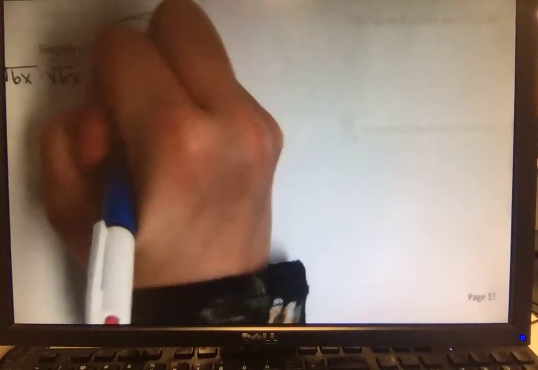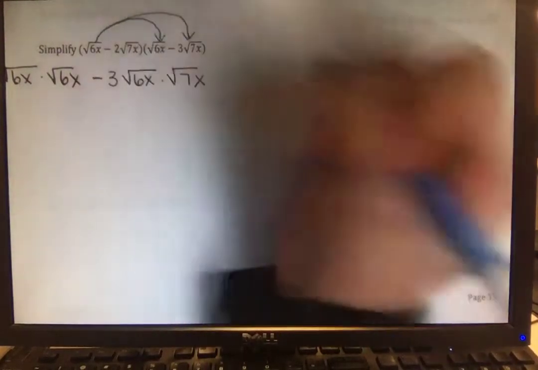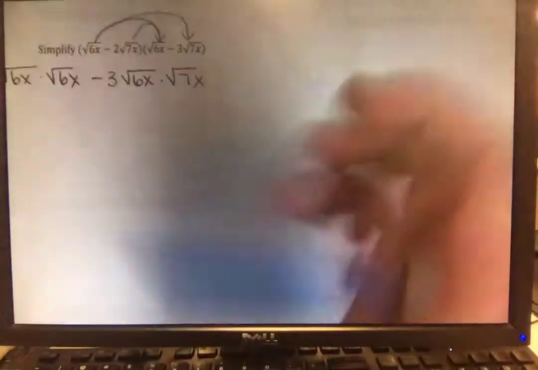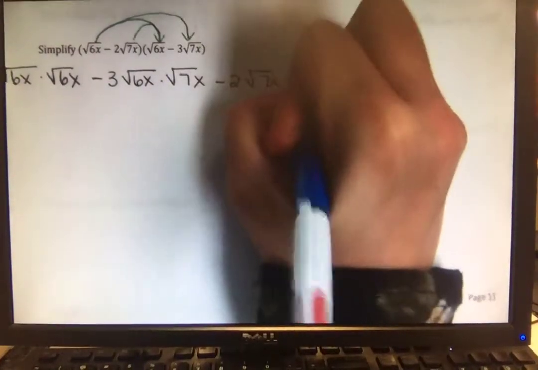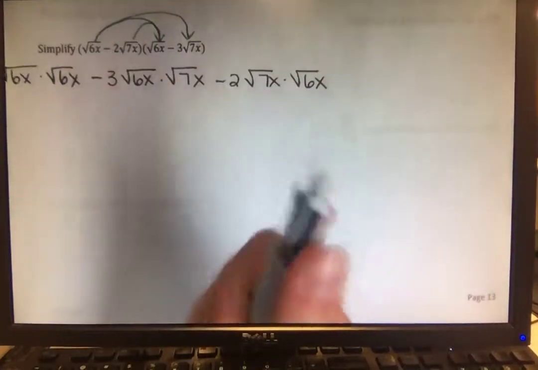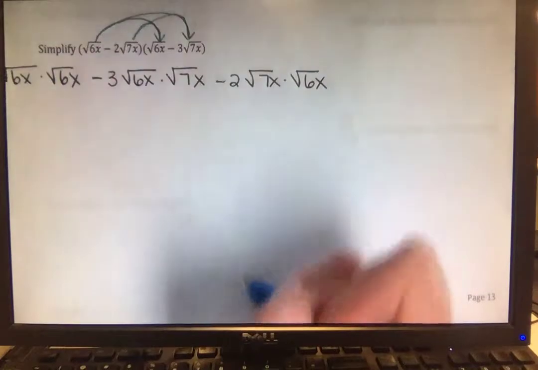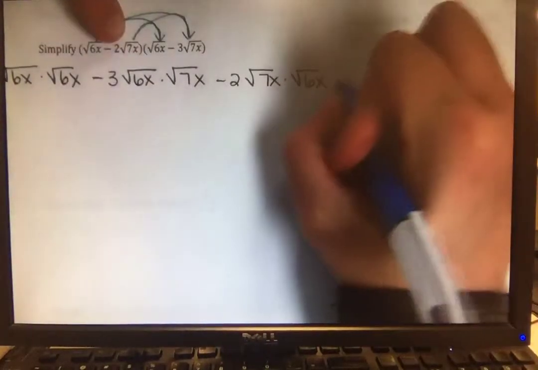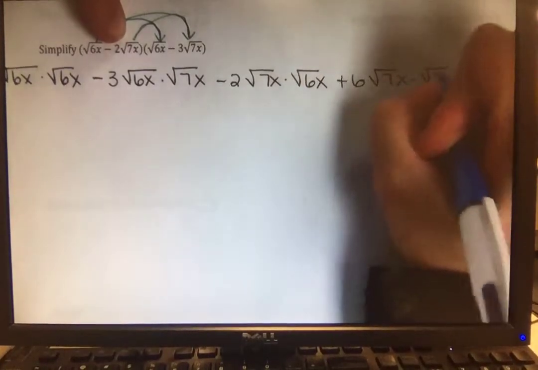So negative 3 square root of 6x times square root of 7x. Then we have negative 2 square root of 7x times the square root of 6x. And lastly, negative 2 square root of 7x times negative 3 square root of 7x. So you have negative 2 times negative 3, which is positive 6, square root of 7x times square root of 7x.